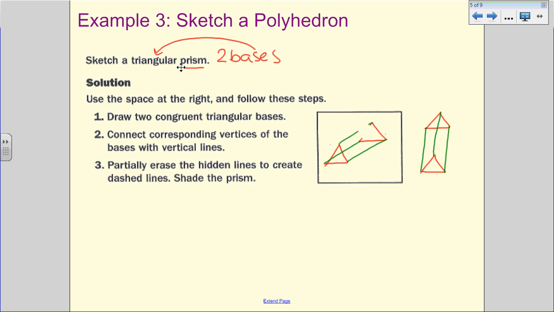So this is going to become a dashed line. I'm not going to see this, so that becomes a dashed line there. Now these are still full lines that I can see. And I'm not going to see this here, so this becomes a dashed line there. So those are the parts we can't see.